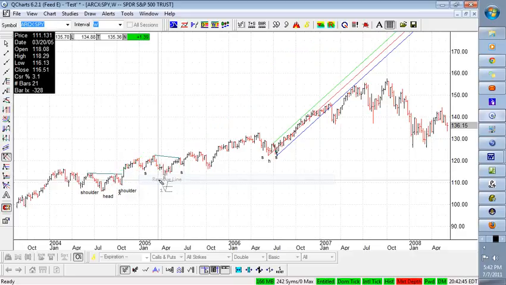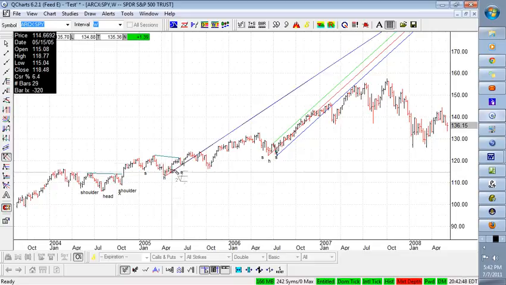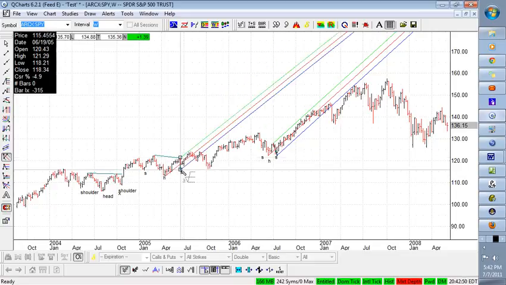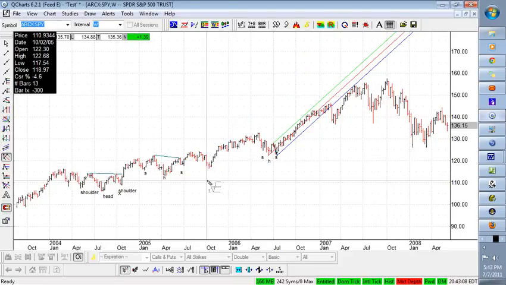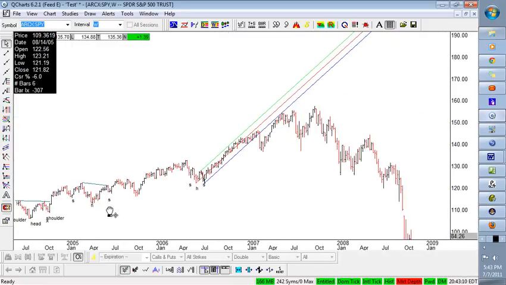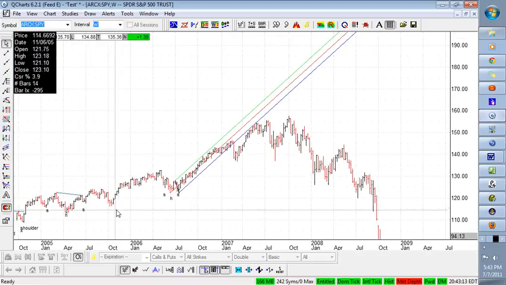Let's see another example of this. As you can see here, prices went up past the median line, real nice, came down below it, went up to that lower parallel again here, and boom. This gives you a static exit and a dynamic exit.